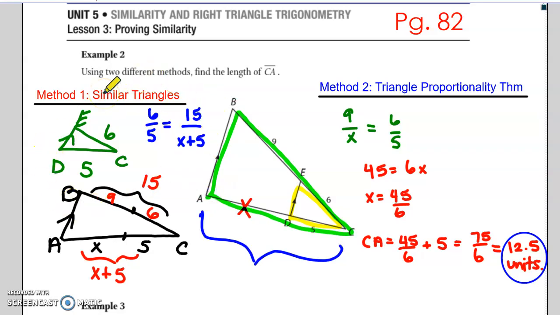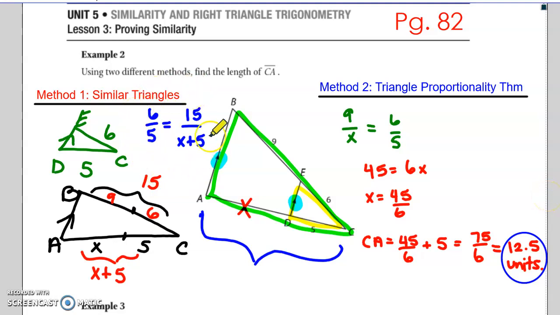I'm using similar triangles here. And what is side BC? Well, 9 plus 6, that's where I get my 15 from. And if I wanted to try the triangle proportionality theorem, I could just say that 9 over x is equal to 6 over 5, because I noticed that they told me these two segments are parallel to each other.